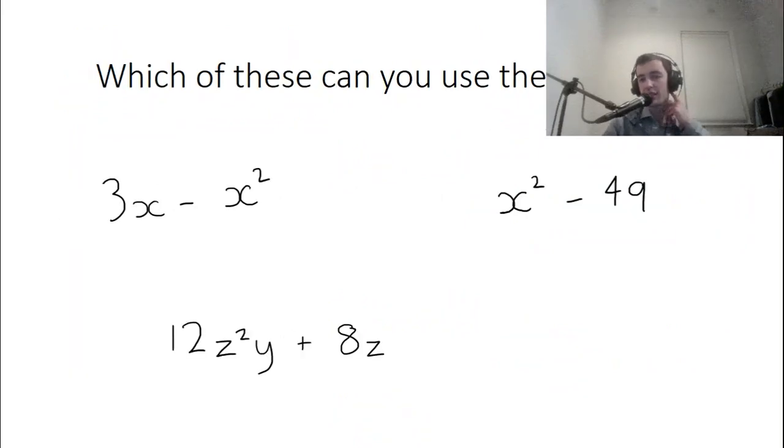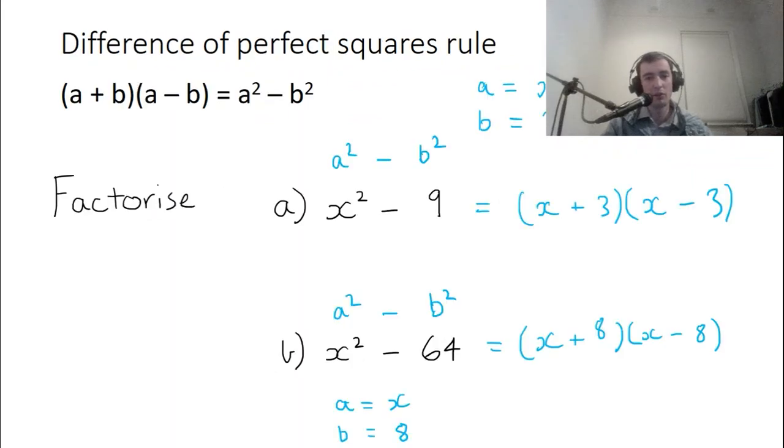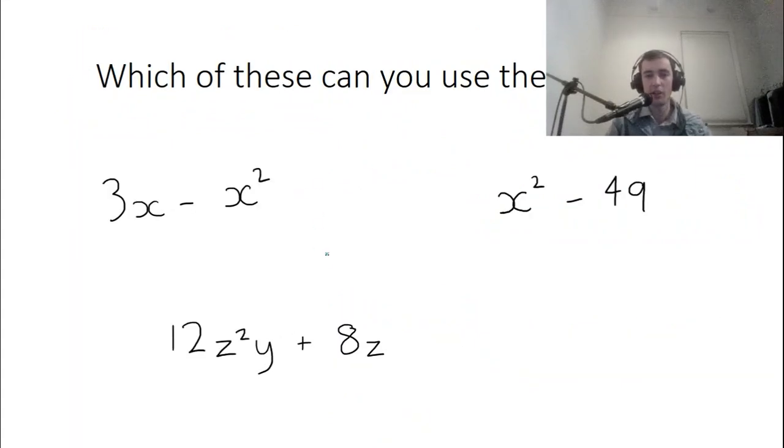Now, which of these can you use the rule for? You can remember we wrote this a squared minus b squared to match them up, but you can also write it above just to test if it looks the same. a squared minus b squared. But there's a problem here. You can see the problem here is that you've got a positive sign here and a negative sign here.